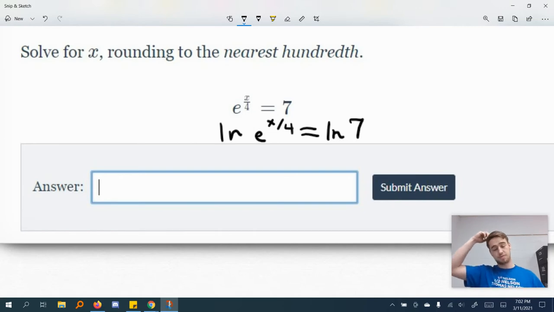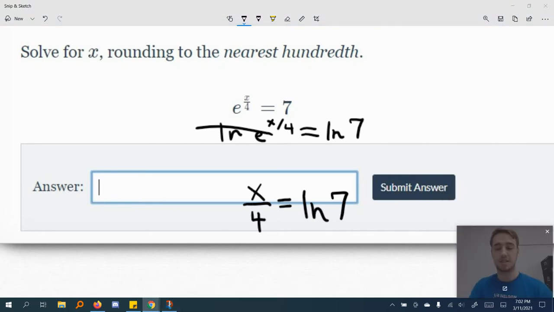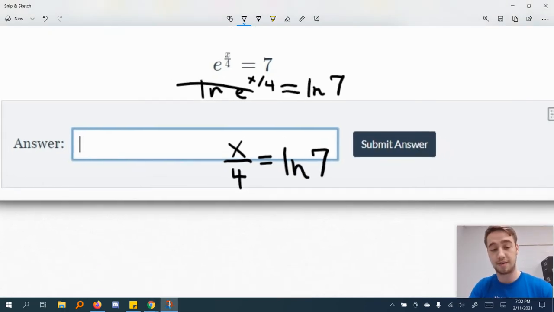So now we can see that the natural log, since it's log base e, cancels with e, and we get x over 4 equals natural log of 7. So now let's simply multiply both sides by 4.